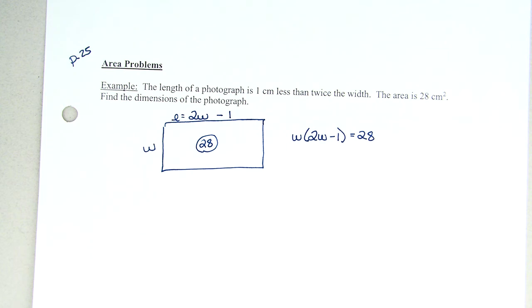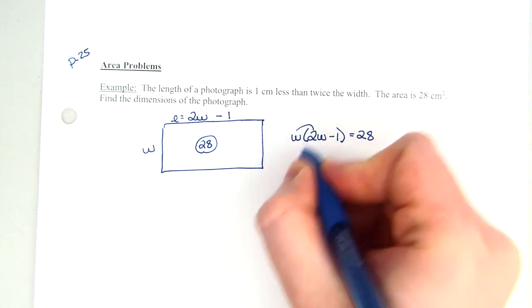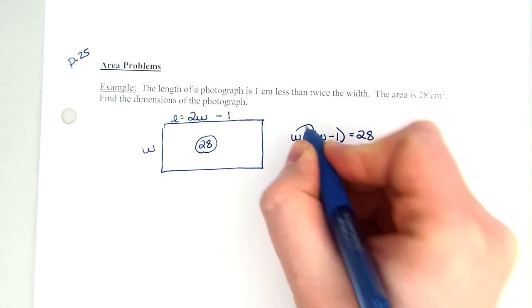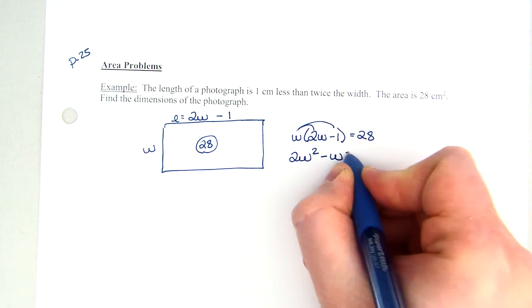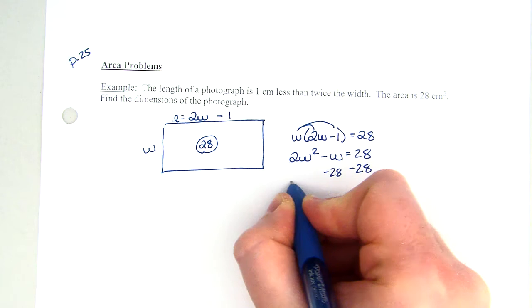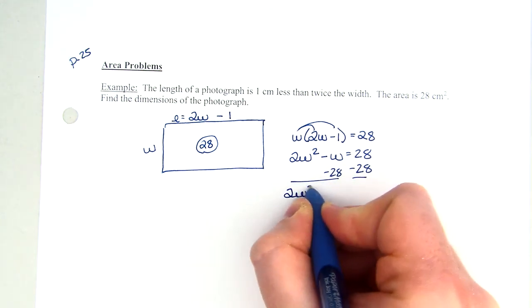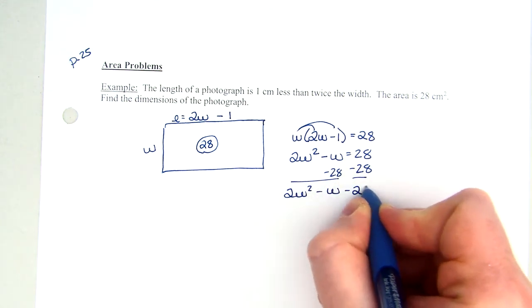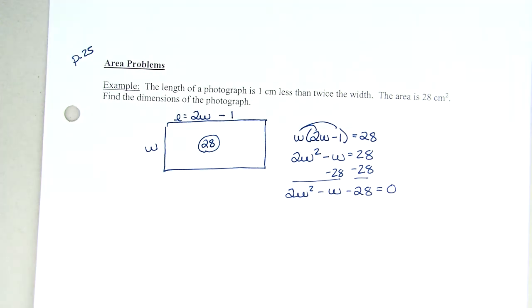You need to take a moment, distribute, move things around, and put that equation into standard form. So the quadratic equation I'm going to solve here is 2w squared minus w minus 28 equals 0.